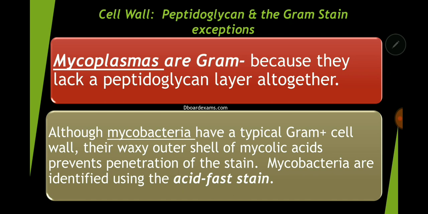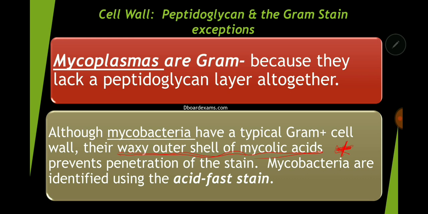Although mycobacteria have a typical gram positive cell wall, their waxy outer shell of mycolic acid prevents the penetration of the stain, so they appear as gram negative, even though they have a thick peptidoglycan layer.